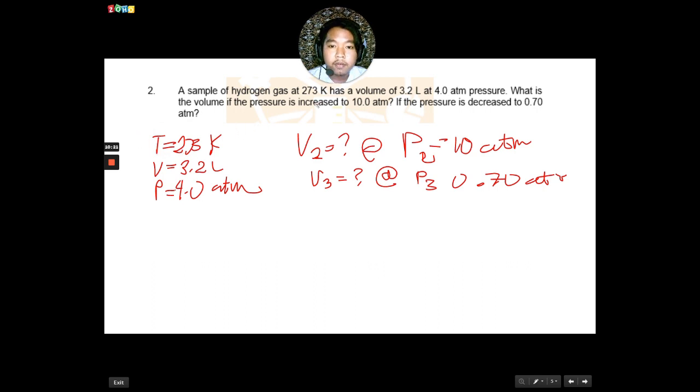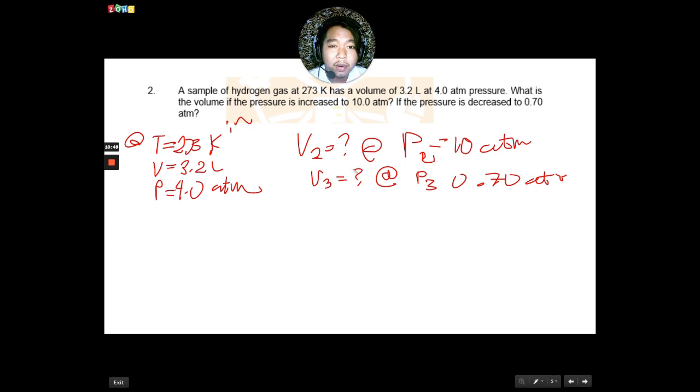Again, be mindful, because some problems might trick you, and you might get confused why there is a temperature here and none there. It's simply constant. So this is at constant temperature. And of course, since there is no number of moles or amount of gas, we assume that n is also constant.